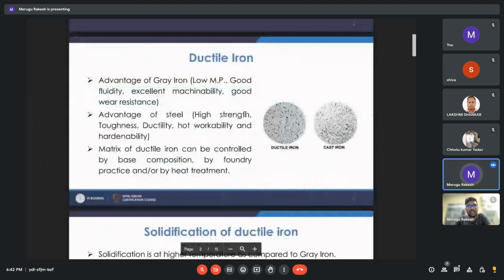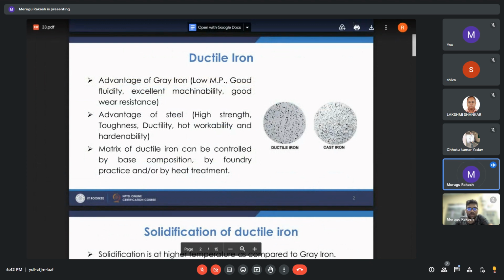So we just discussed gray cast iron, in which we observed that the graphite is present in terms of flakes. Now the problem with the flakes is that they have very sharp corners at the edges, which serve as crack initiation points, as stress concentration, which can hinder the properties of this gray cast iron.